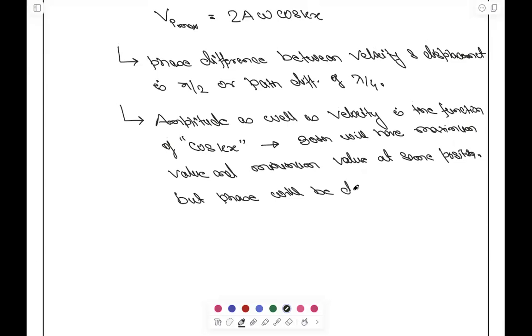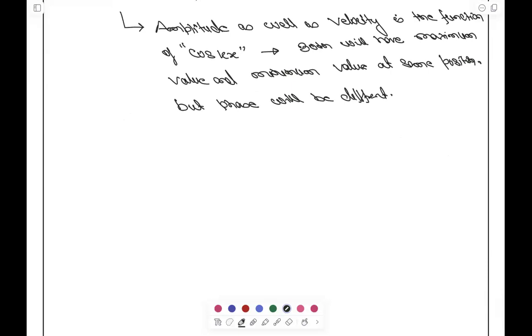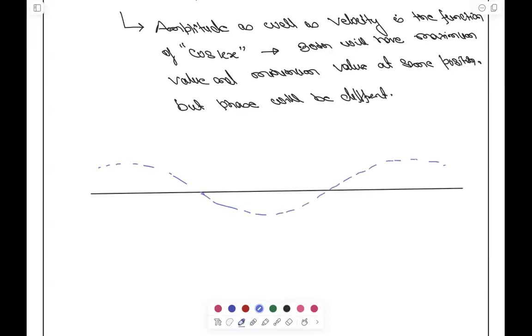Pi by 2 का है। Tell me when velocity will be maximum, कब maximum होता है? मतलब let's say this is my standing wave, this is my node, this is my antinode, this is my node, this is my antinode. बताओ भाई, where the velocity will be maximum or minimum? So that antinode.